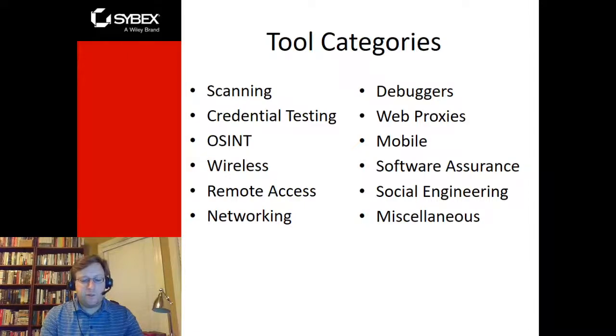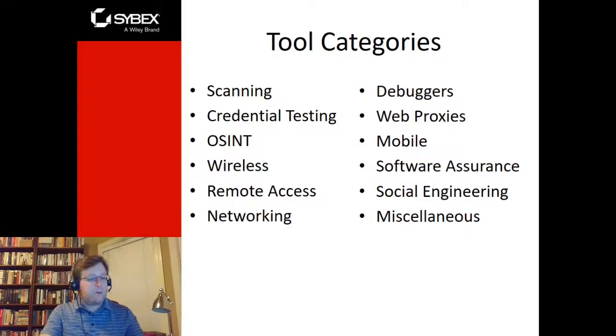Credential testing tools are ways that you can try to compromise somebody's password. These can be reverse engineering of hashed passwords, or tools that are attempting to guess somebody's passwords in some way. The book has a list of those as well. Debuggers are things that will allow you to reverse engineer software.